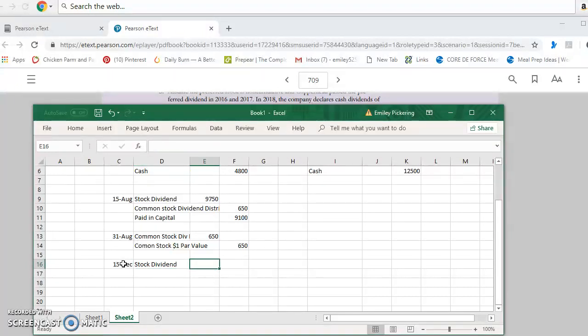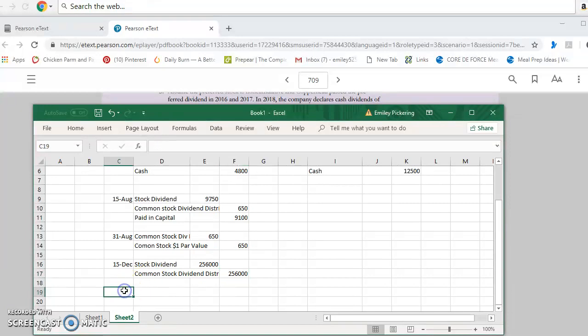So stock dividend, and that's going to be my $2 par value times how many shares we have outstanding, not authorized, but outstanding, times my 40%. So I'm at $256,000. And then I have my common stock dividend distributable. And that's going to be the same thing, $256,000.